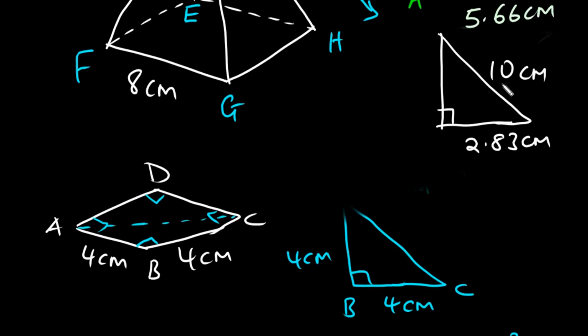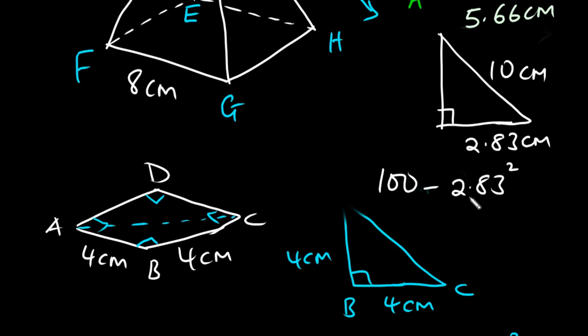So we square the hypotenuse and then we square this other side, which is 2.83. The square of 10 is 100.